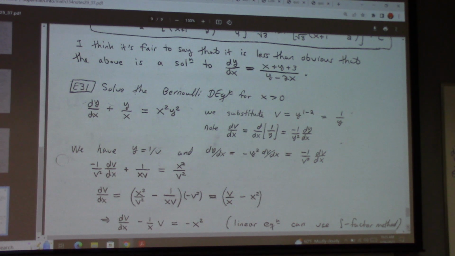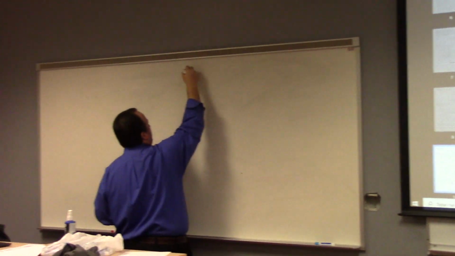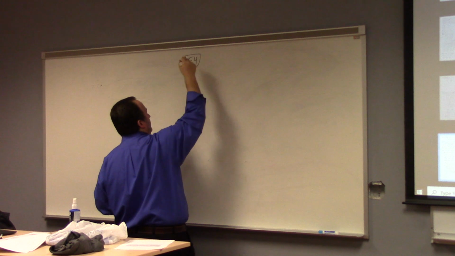Let's see here. Is there a particular kind of problem you want to see the initial condition fit to, or just generic? So let's see here. How about this one? It was problem 49.